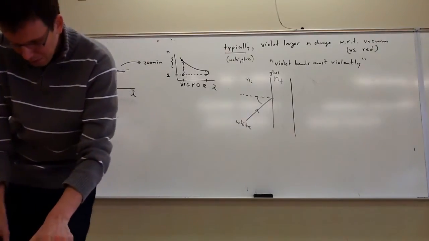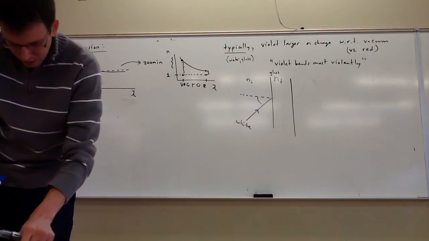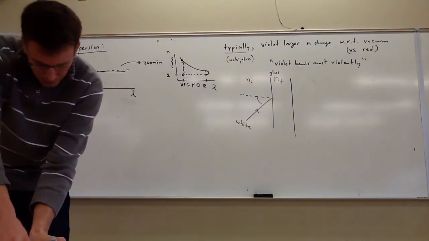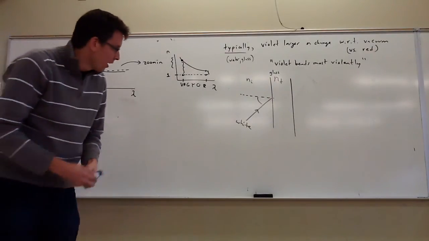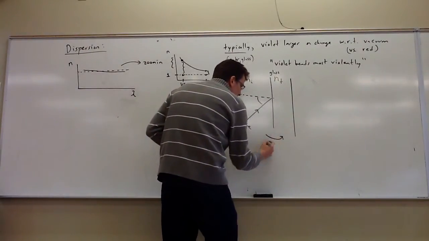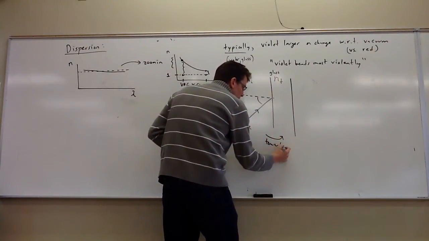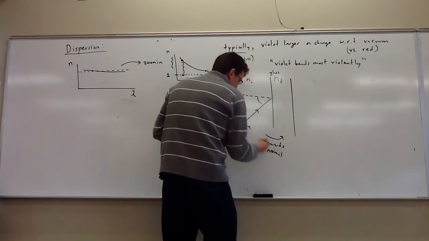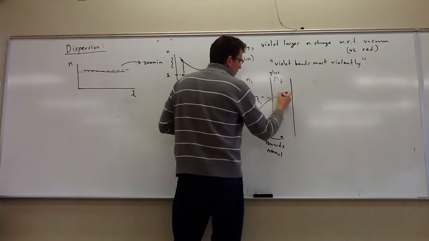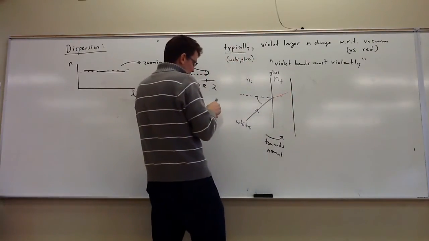I don't have a violet pen, but I do have a blue, which is the next closest thing. So everybody bends toward the normal, going from here to here, towards the normal. Red a little bit, and violet much more so.